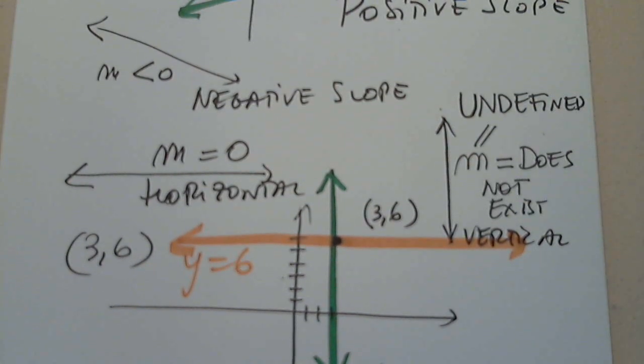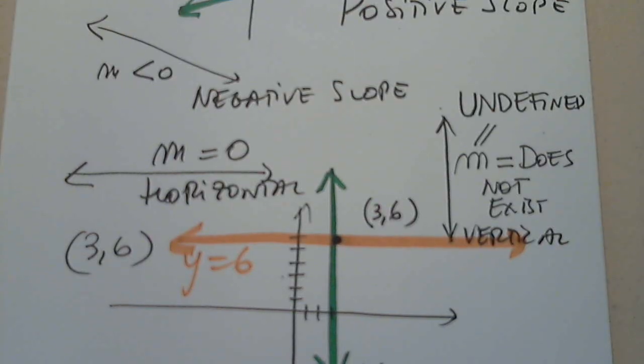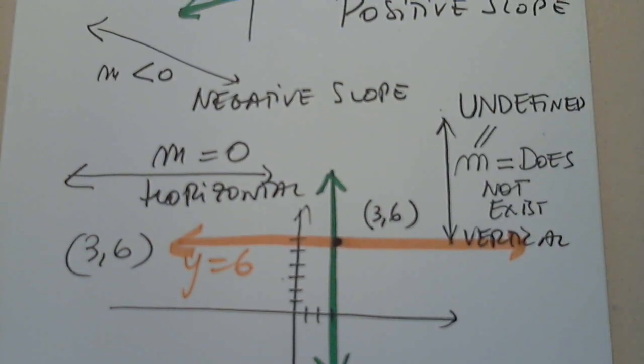Okay. An equation that can be written in the form is called standard. So this form, ax plus by equals c, is standard.